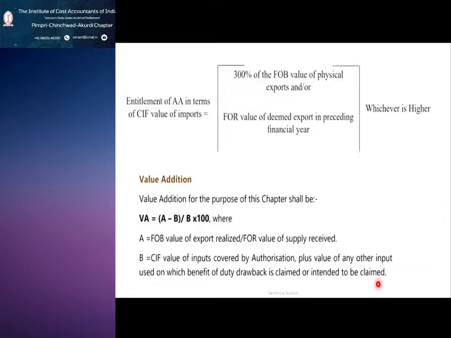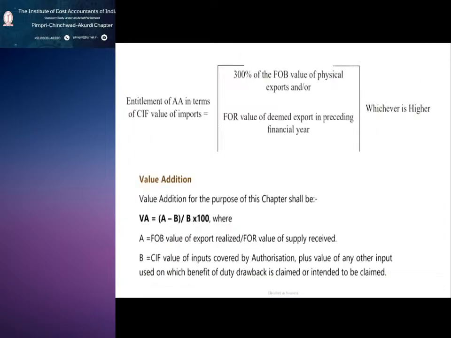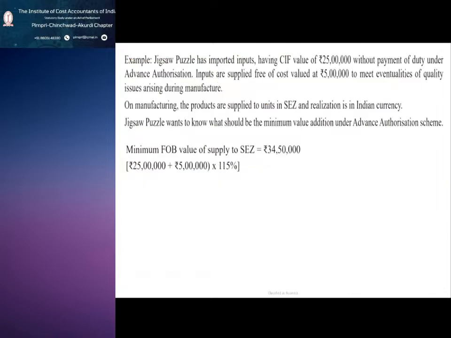So the one which we have seen about the value addition, the same is given in formula. So I'll show the example.